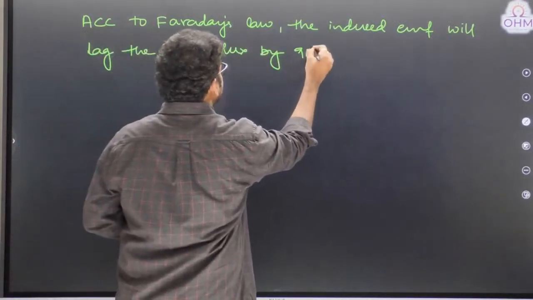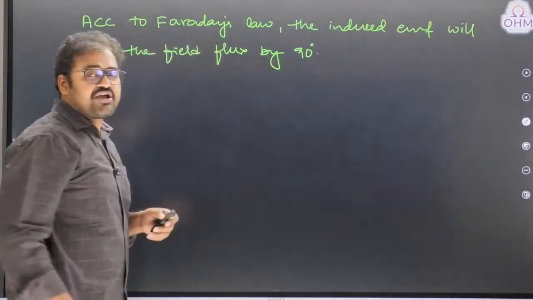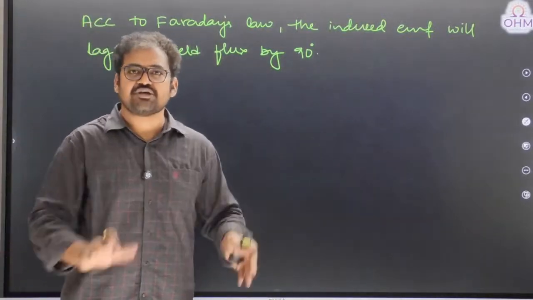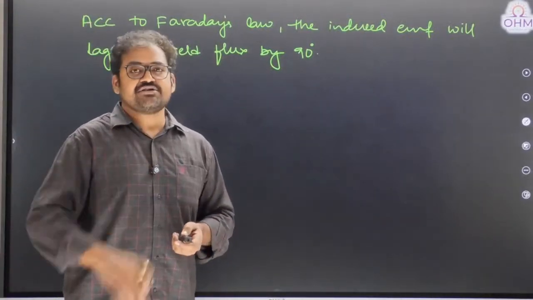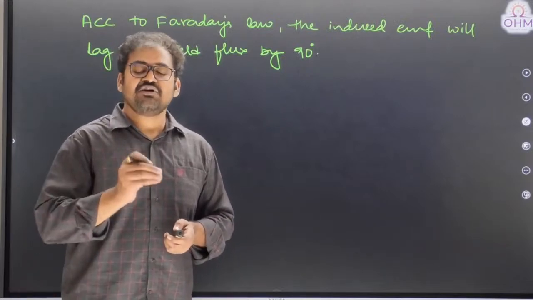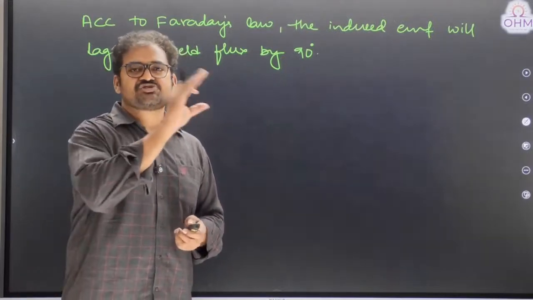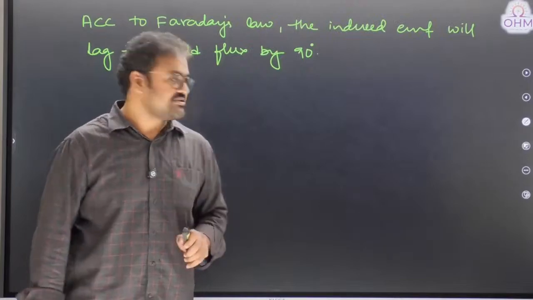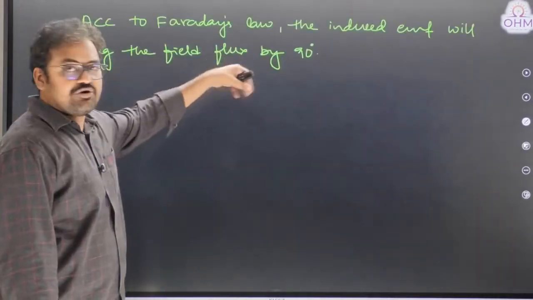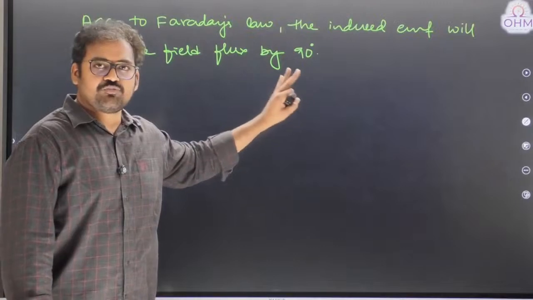I am not inventing anything new here. According to Faraday's law, induced EMF will always lag the corresponding flux by 90 degrees. We can prove it by drawing a waveform, but I'm not going through the proofs right now.